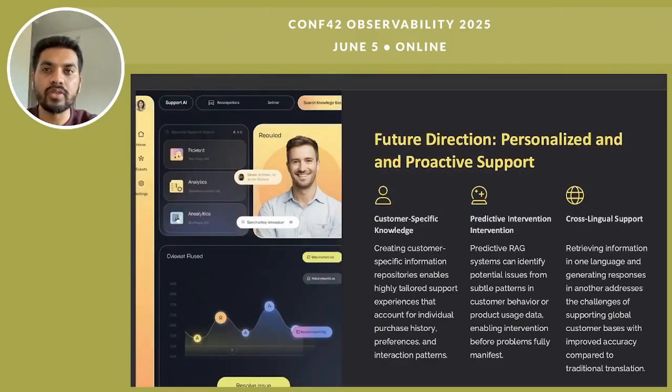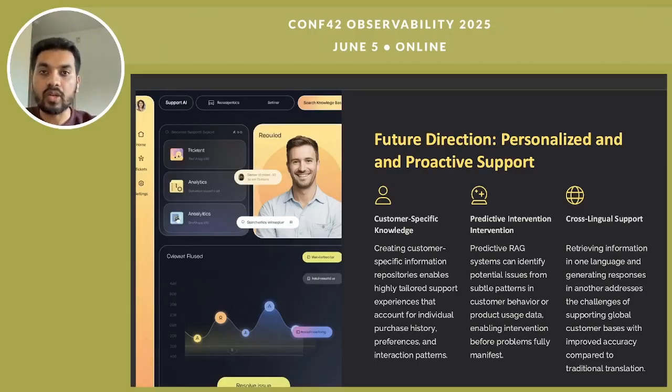So now coming to the future avenues of RAG-based chatbots, since it's context aware and works with real-time data, it has opened the door to a hyper-personalized and behavior-aware support experience. There can be customer-specific retrieval, basically segmenting vector indexes per customer profile or organization.